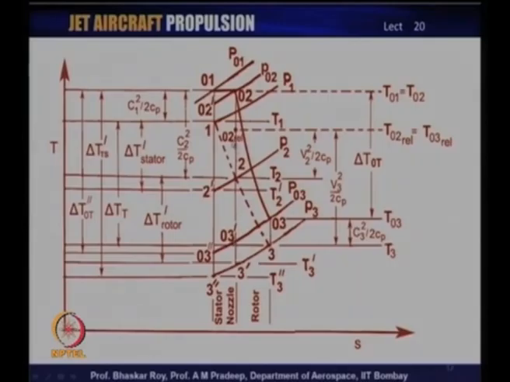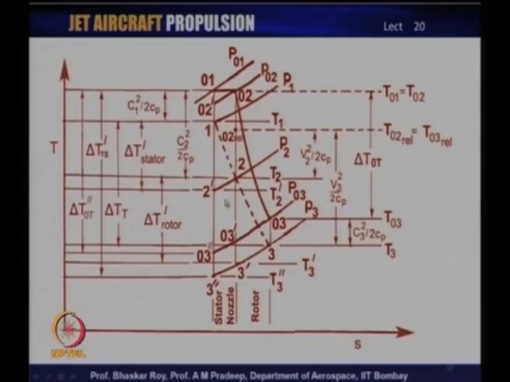The corresponding isentropic parameters are down all the way vertically down. If you come down from 1, you will find 2 prime, which is what we call the isentropic drop through the stator. So, through the stator it has come down from 1 to 2 prime, and then of course, if you take it through the rotor, it comes from 2 to 3 prime.